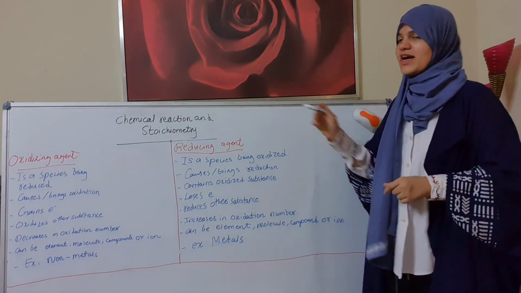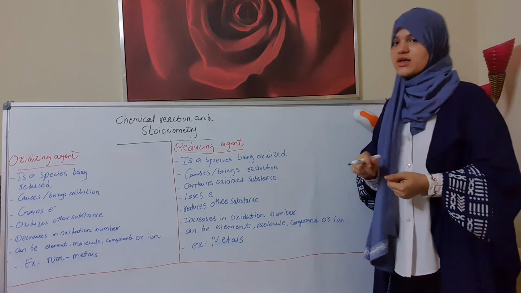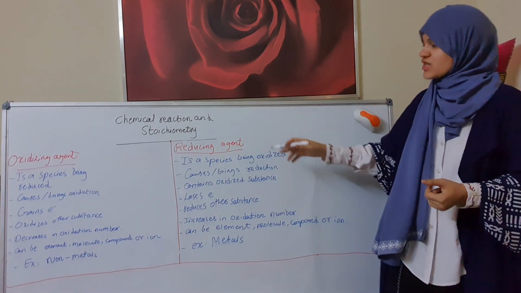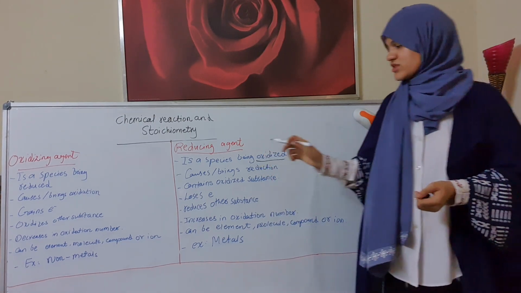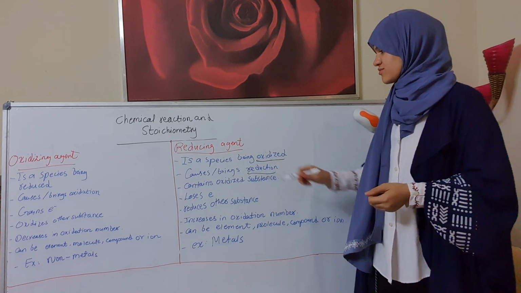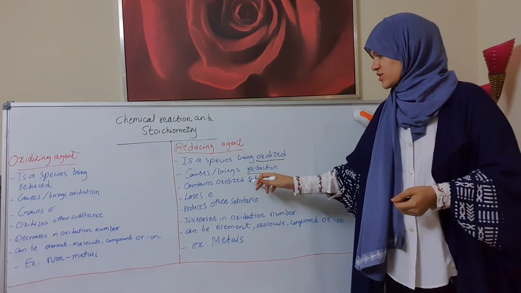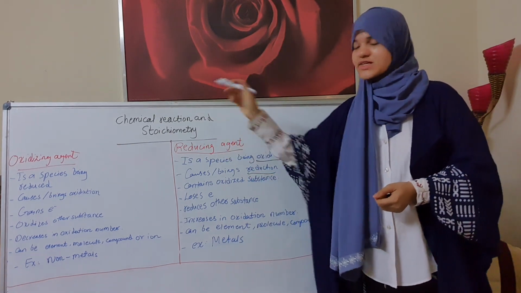Now, a reducing agent is a species being oxidized. Here it was reduced, but in a reducing agent it will be oxidized. It causes and brings reduction, loses electrons, where here it gains electrons.